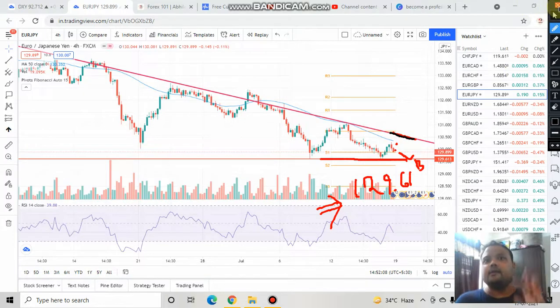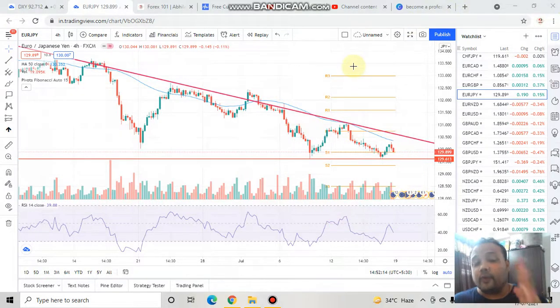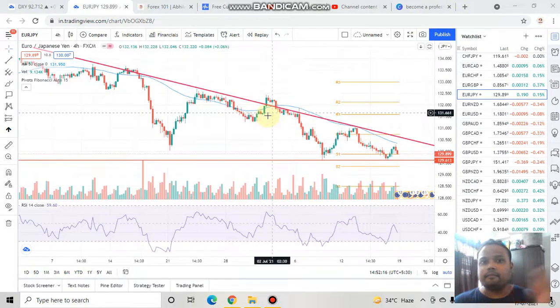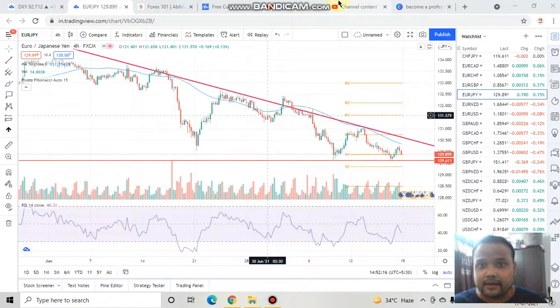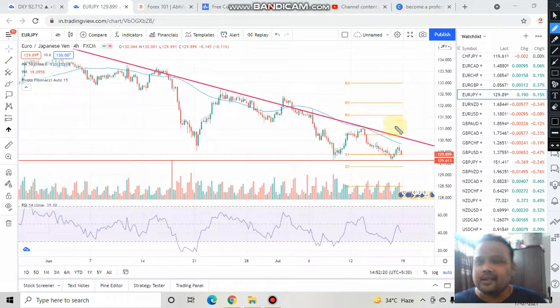On the other hand, if you are looking for a much safer option, then whenever we get a pattern like this, a descending triangle pattern, there is a possibility that the market will cross this support level.